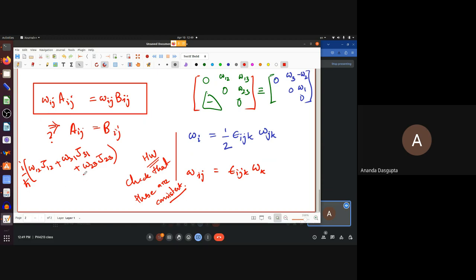The first order correction. You actually had a 2 here, but I have not put down the 2 because I have just taken into account that omega 2, 1, j 2, 1 will give you the same term. Okay, and similarly. This is the same. I can rewrite this as omega 1 J1 plus omega 2 J2 plus omega 3 J3. That is i by h bar plus omega vector dot J vector.